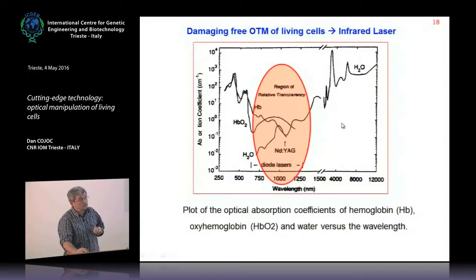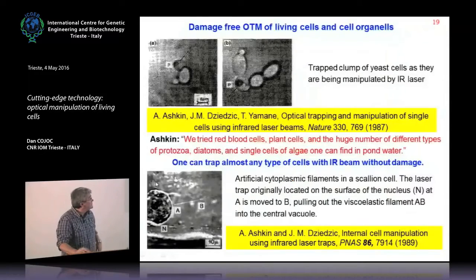If we go toward higher wavelengths, we have absorption by water, and we have a lot of water in a cell. If we go toward low wavelengths, we have a lot of absorption by proteins and other components of the cells, and it is not good. This is why the compromise is to use infrared lasers.